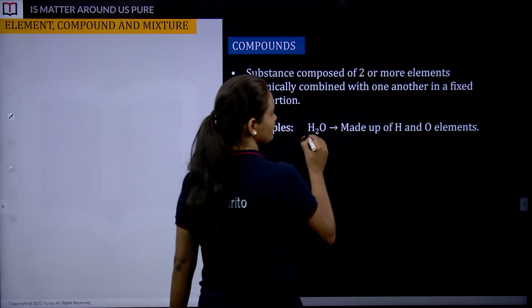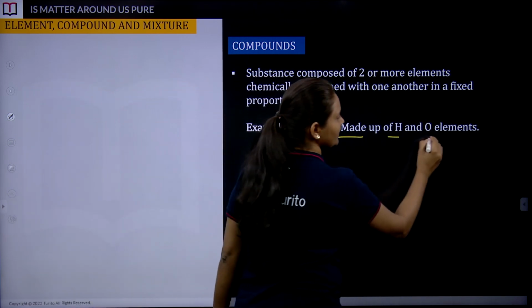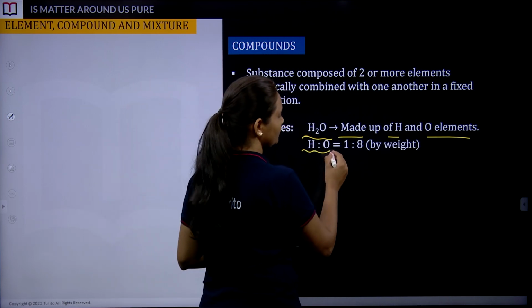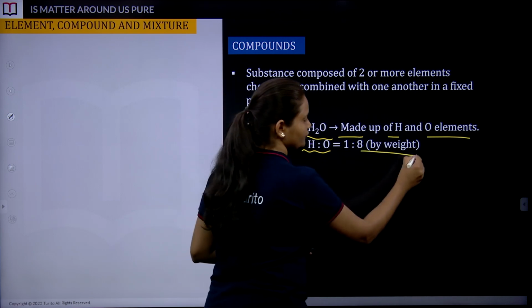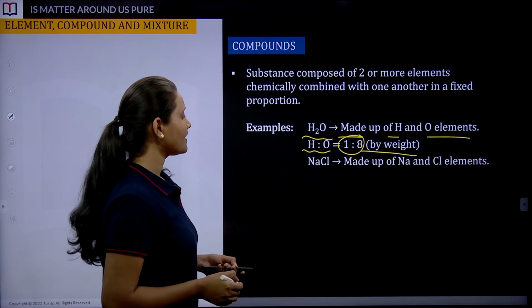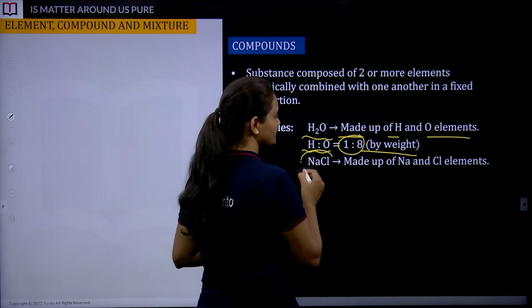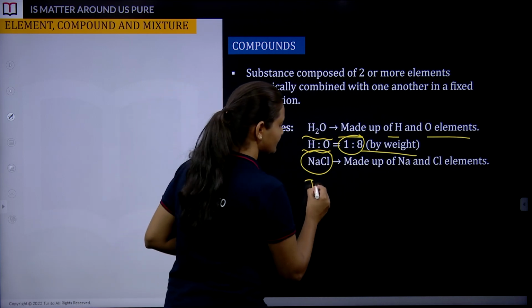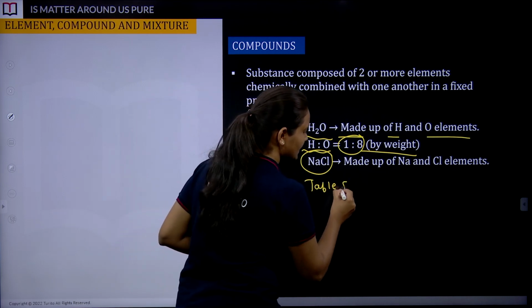So for example, we have just seen water made up of hydrogen and oxygen elements, and hydrogen to oxygen by weight ratio is 1 is to 8, correct? Then the next example is sodium chloride, which is nothing but your table salt, the salt which we use in our daily life.